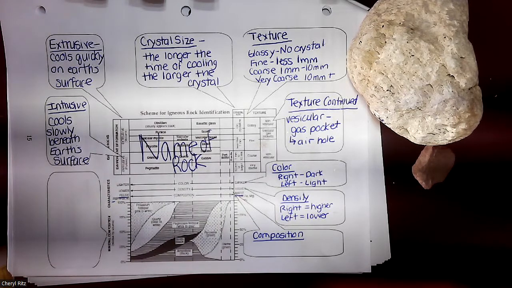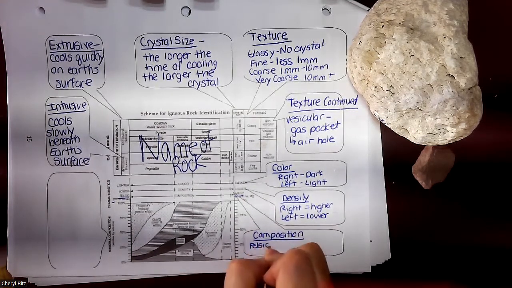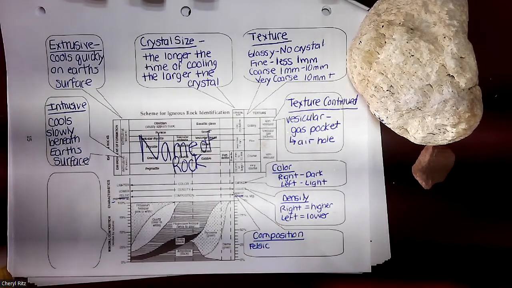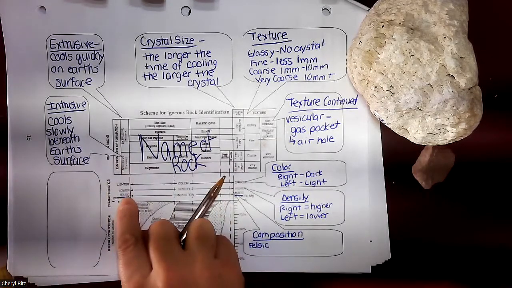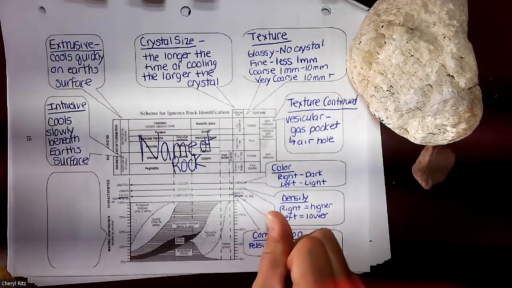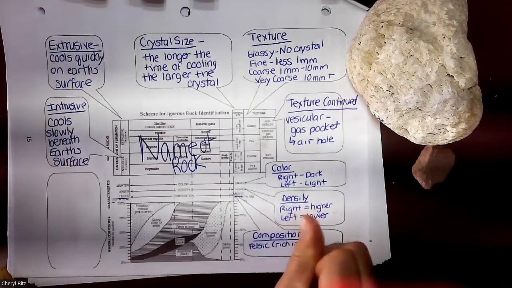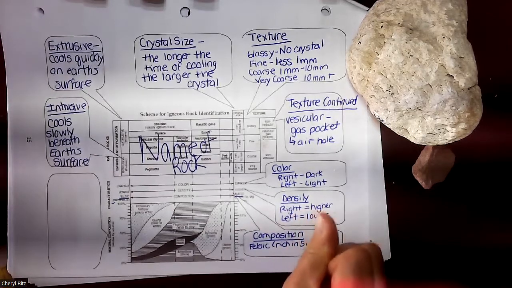What does it mean to be felsic? Check your reference tables. What does the word felsic, which is right there, it tells you right underneath it. So it says it's rich in Si and Al.